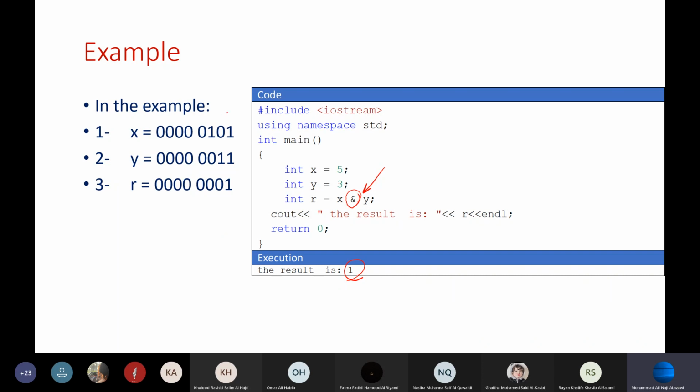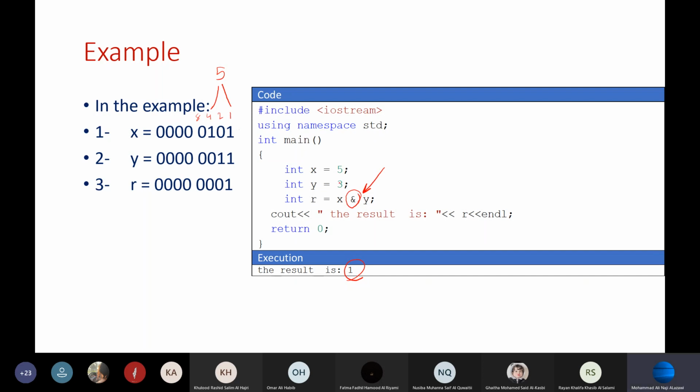As I told you, 1, 2, 4, 8, etc. 5 means I can get it from 4 plus 1. So it's represented as 0, 0, 0, 0, 0, 1, 0, 1.